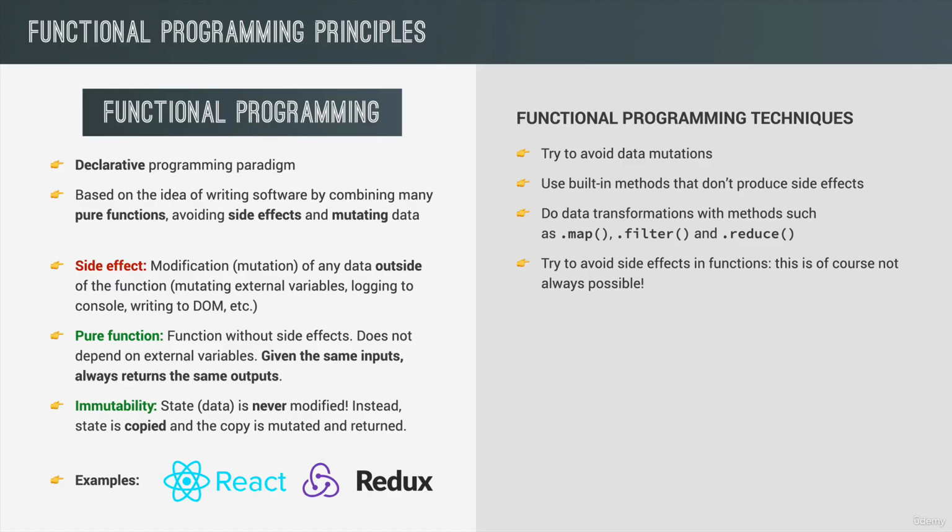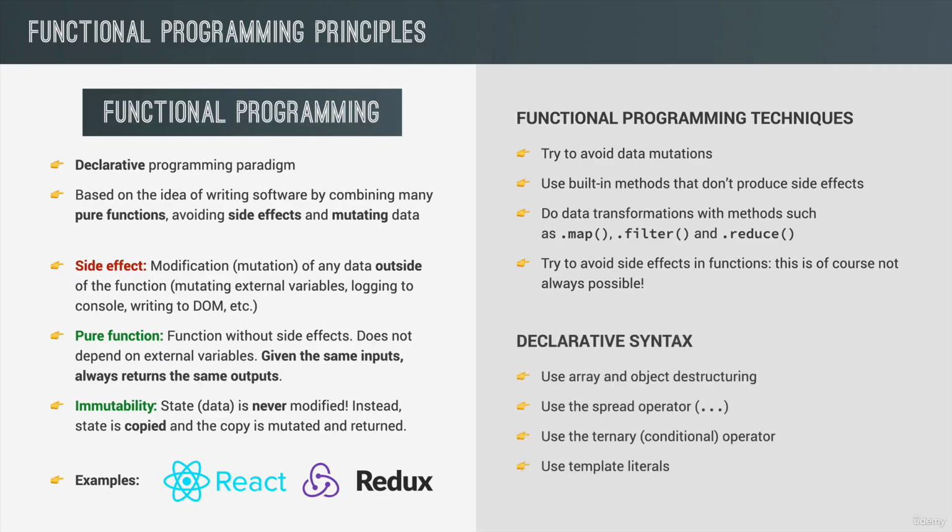Now to finish, let's come back to declarative syntax, because functional programming is only a part of using and writing declarative code. In order to write code that is more declarative, you should use array and object destructuring whenever that's possible. You should also use the spread operator, the ternary operator, and template literals whenever that is possible.